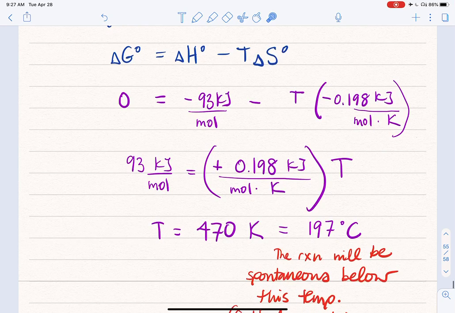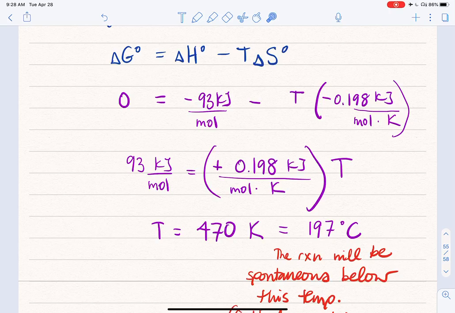Solving for T, I find that T is 470. What unit? It takes the Kelvin unit because that's in the denominator of the entropy. 470 Kelvin. Subtracting 273 from that, the Celsius temperature would be 197 degrees Celsius, which is pretty hot. This is quite a bit above the boiling point of water, for example.